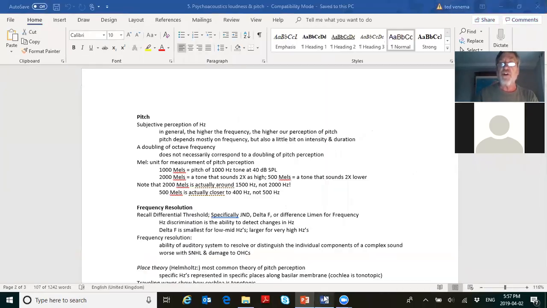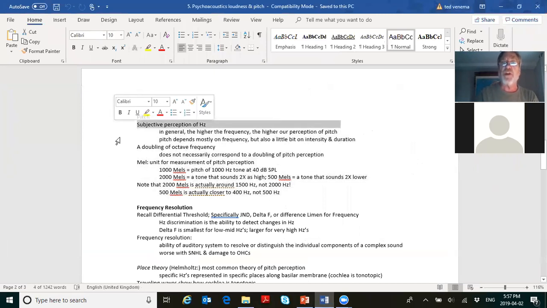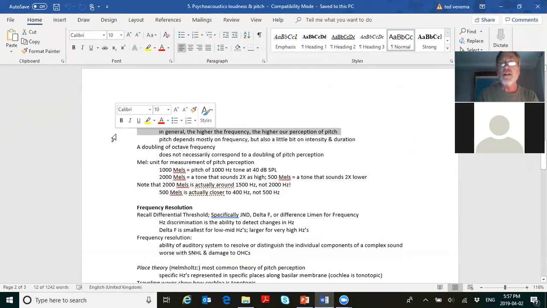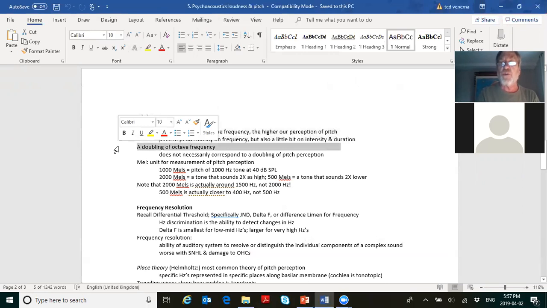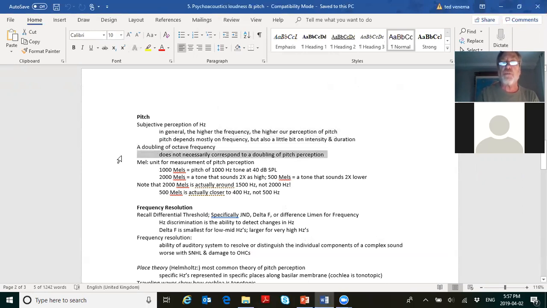And if you look in your notes here, subjective perception of frequency. In general, the higher the frequency, the higher our pitch perception. Duh. Pitch depends mostly on frequency, but also a little bit on intensity and duration. No, don't worry about that. A doubling of octave frequency does not necessarily correspond to an exact doubling of pitch perception.